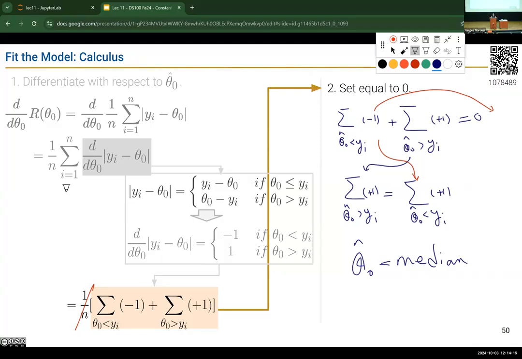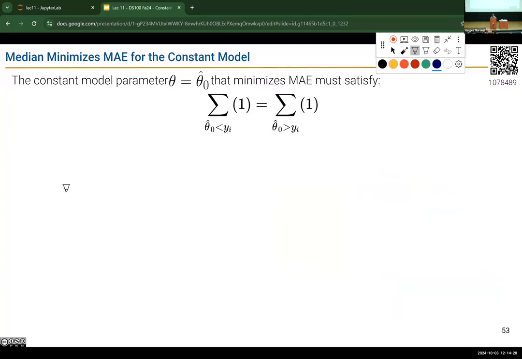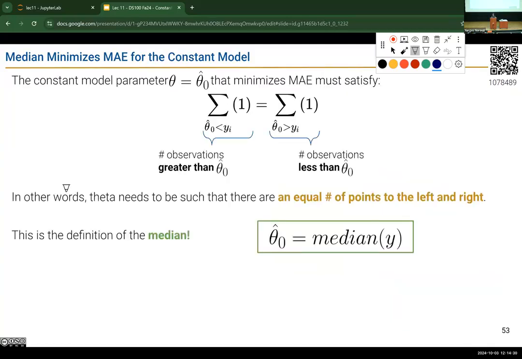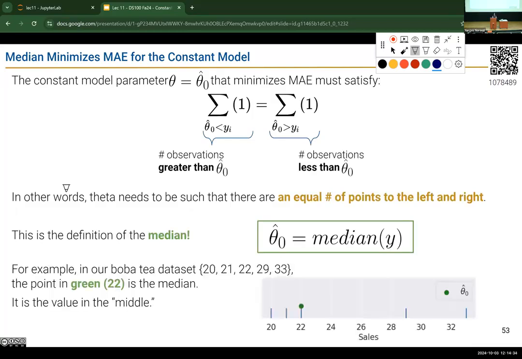We arrived at it with a non-differentiable function, but we tried to be a little bit patient with it and calculate it under different circumstances, and then we arrived at the point that theta 0 hat is equal to the median. The rest is basically exactly what I described: theta 0 hat is going to be equal to the median value that we wanted.